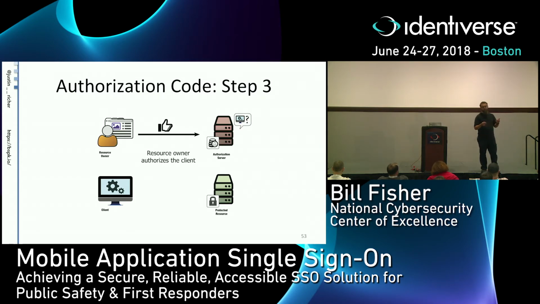Maybe the user will say, I'm not going to allow you write access even though you asked for it. The user gets to make that decision. The authorization server encodes that decision, and hands back this handle called the authorization code, which goes back to the client. Now, the client can't understand that authorization code. So it just turns around and hands it right back to the authorization server.